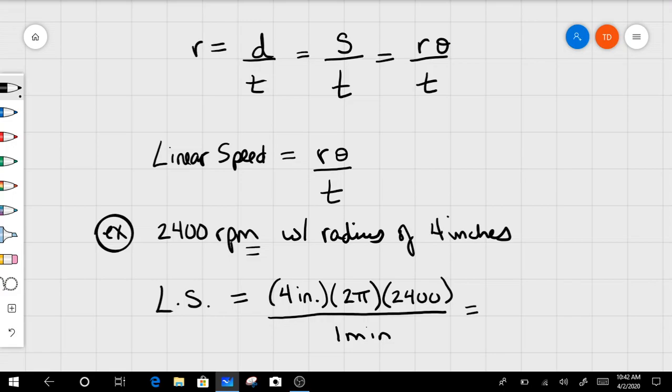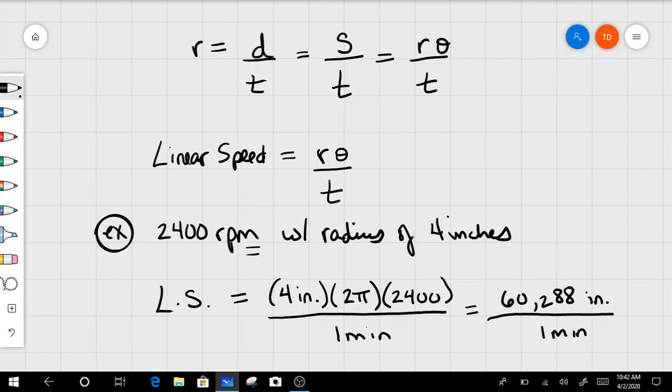If you do the math on this, 4 times 2 times pi times 2400, all of that in your calculator, you get 60,288, and that's in terms of inches per 1 minute.